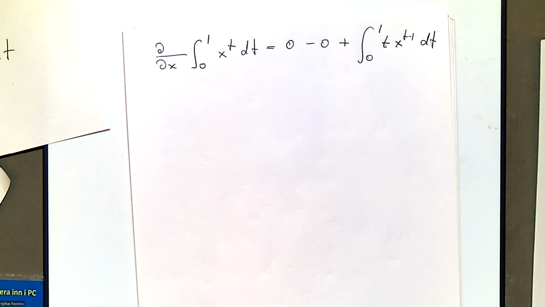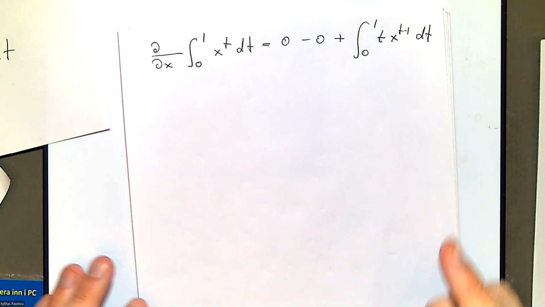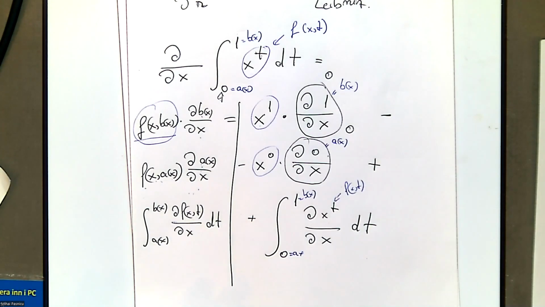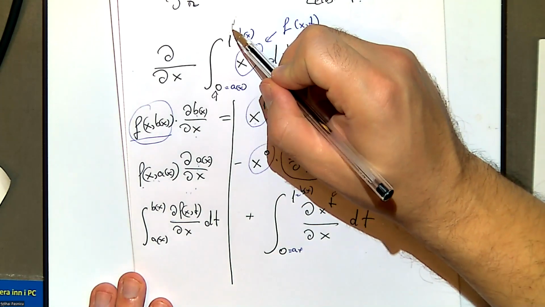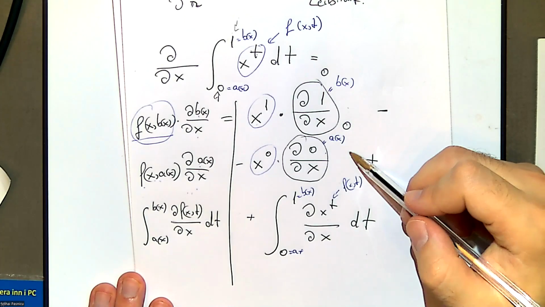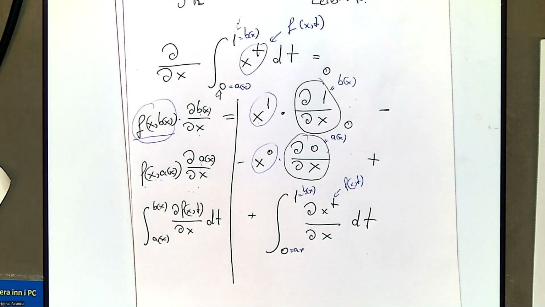I'm not really interested in showing you how to compute any more integrals for now, but rather just how to apply Leibniz. So I'm just going to leave it at this. Any questions on how I applied Leibniz here? This was a very simple example. The reason being is that this 1 does not depend on x, and this 0 does not depend on x. So two of my terms were just 0 after the first derivative.